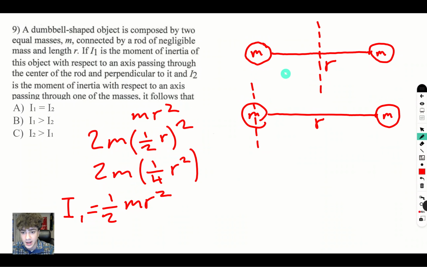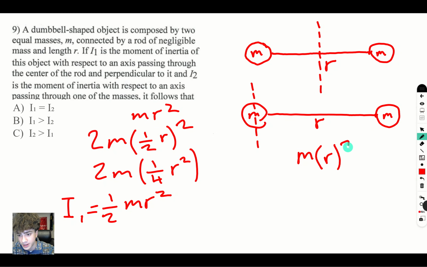Now let's find I2. The displacement of this one from the center of rotation is going to be 0. So when we do our mr squared, it'll be m times 0 squared, which is m times 0. So this ball here is not contributing to the inertia, and therefore all of the inertia is coming from this ball here. So we have m times that displacement squared, and the displacement here is just r.